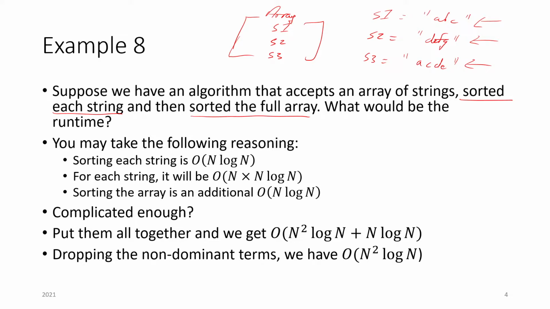In this particular case, we're given reasoning to help us out. For sorting each string, where we sort the characters in the string, the order is going to be order of n log n.